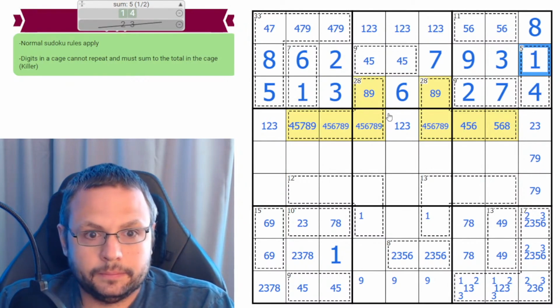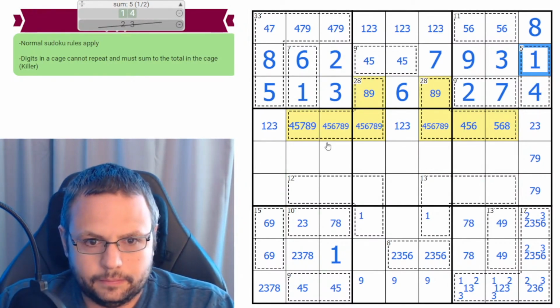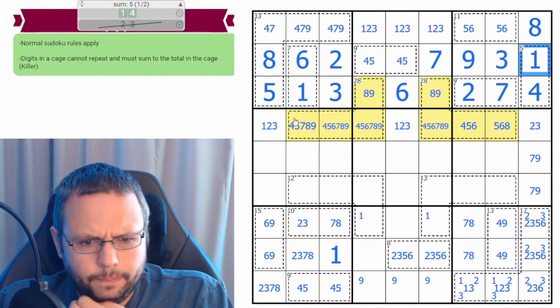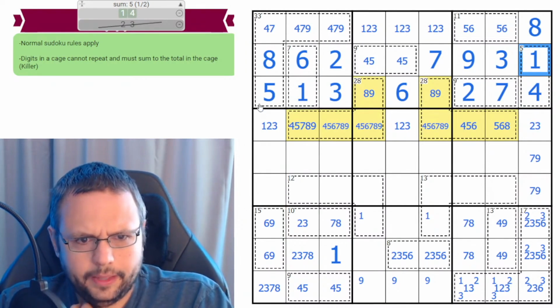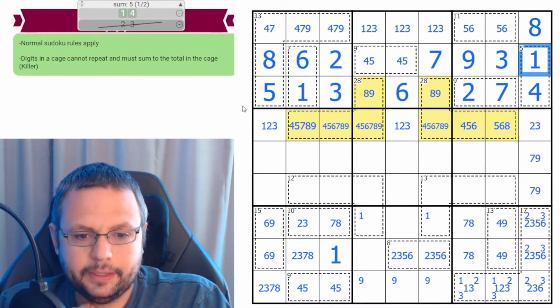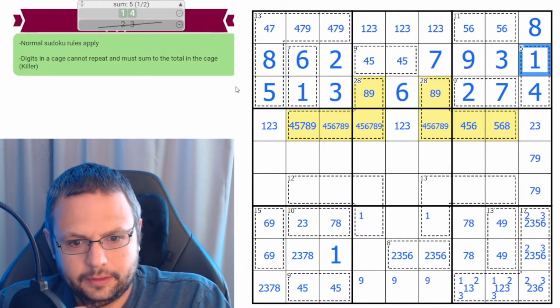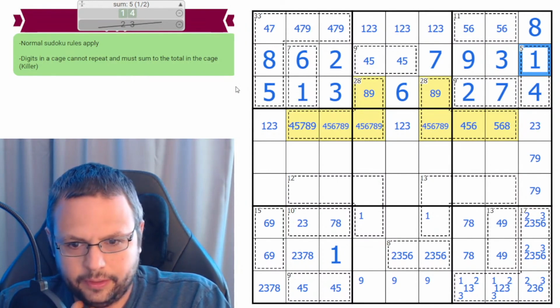I think in my mind that was going to do more than it did. And we got to put a lot of pencil marks in the grid, but not strictly speaking profitably.